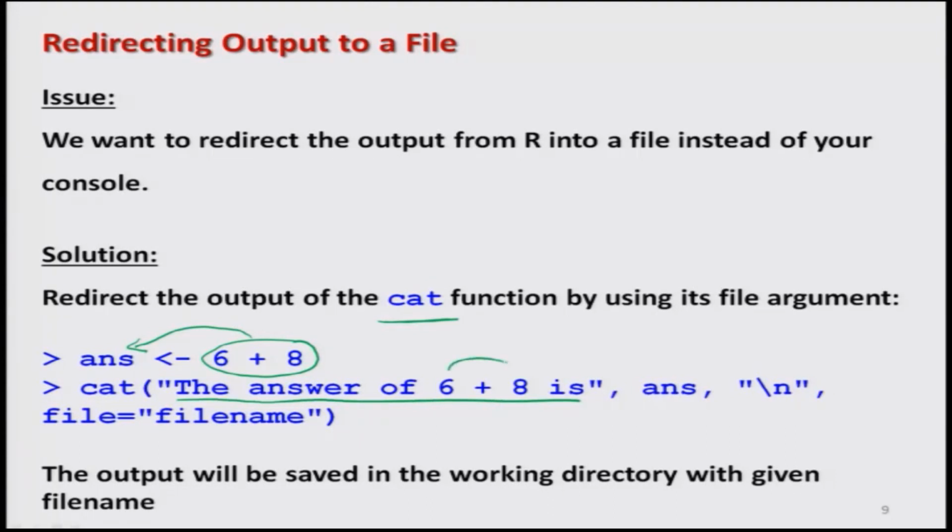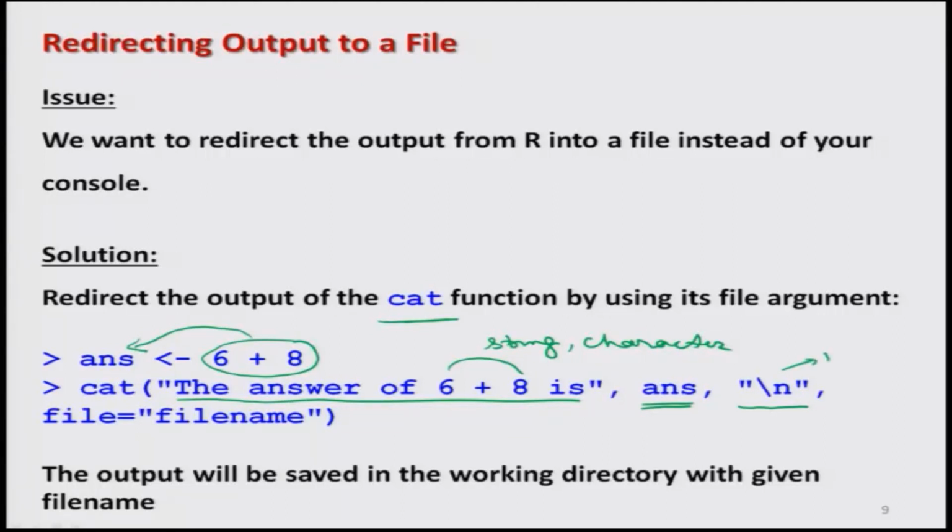This "6 plus 8" is going to be in the form of a string, meaning characters, that is not going to be added, and then whatever is the value of this variable ans, and then \n inside the double quotes, that is indicating that the next outcome is going to be on the next line.